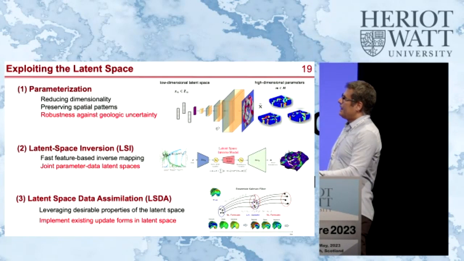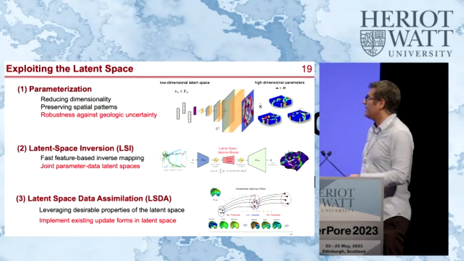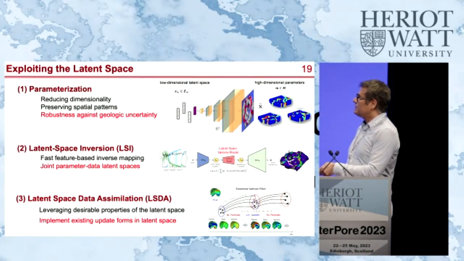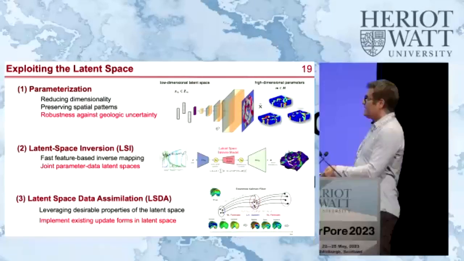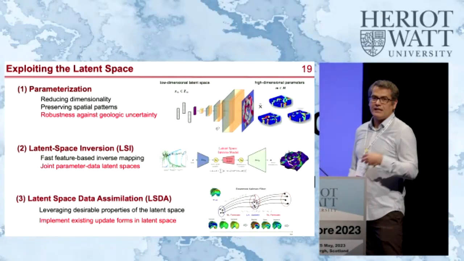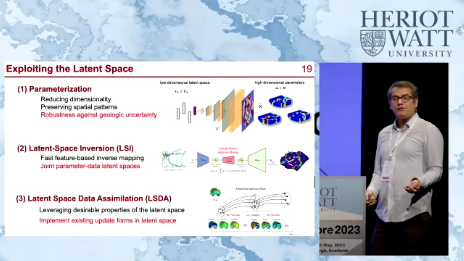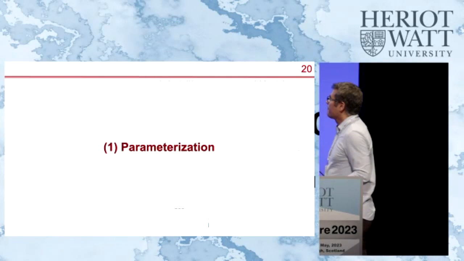And the third one is what we call latent space data assimilation, where we implement existing types of updates for data assimilation, but we do that in the latent space because the latent space has some very useful properties that are consistent with the assumptions of those update schemes.